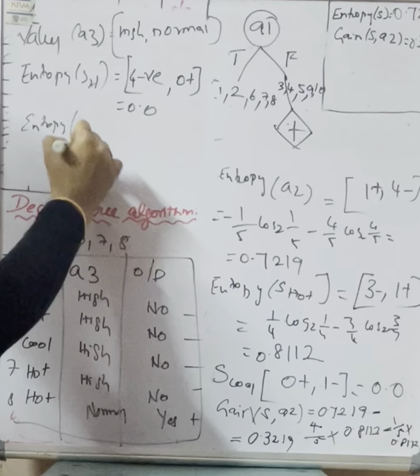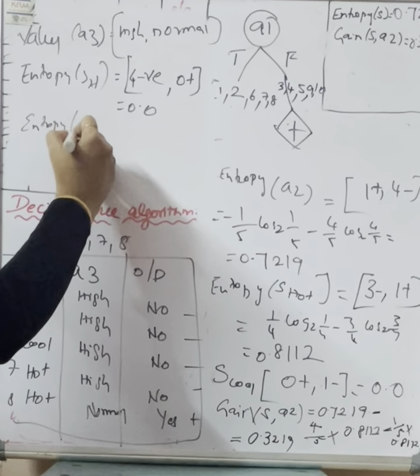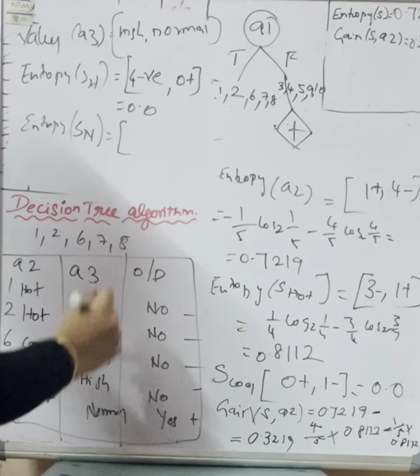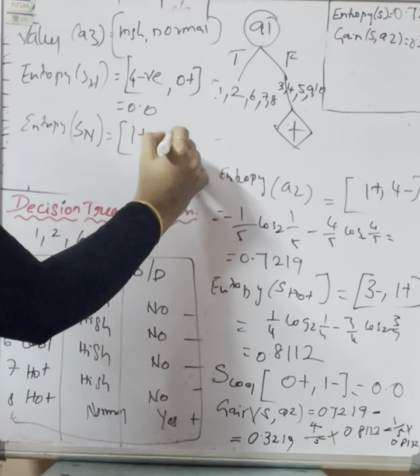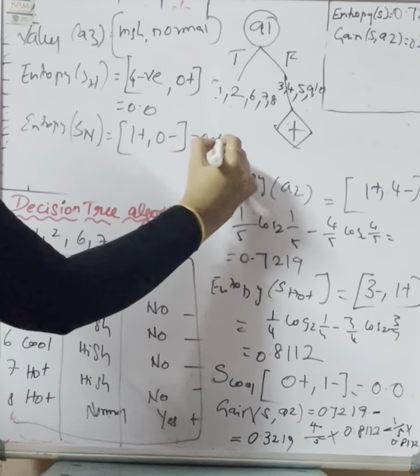And next, the entropy of the other value we have, normal. For S normal we have only 1, which is positive. So 1 positive and 0 negative, so the value is 0.0.